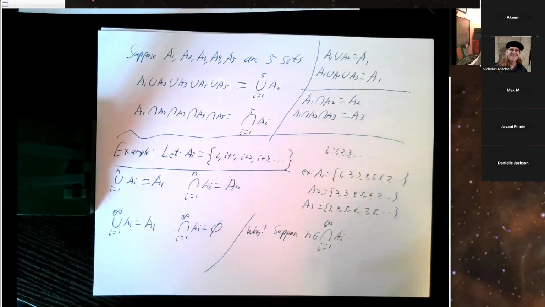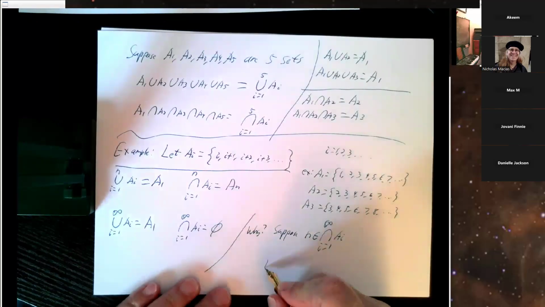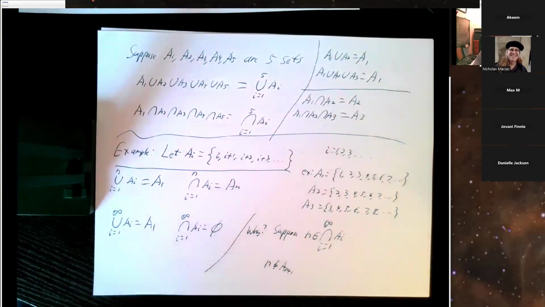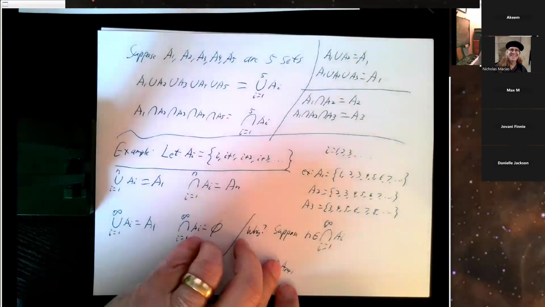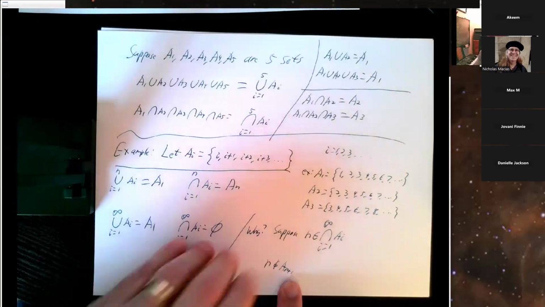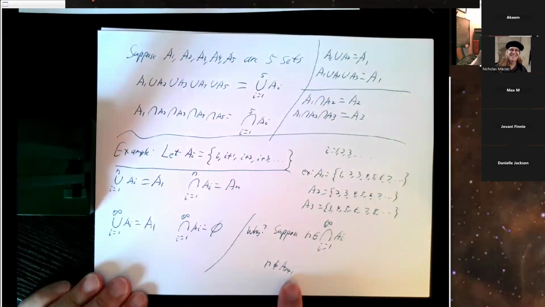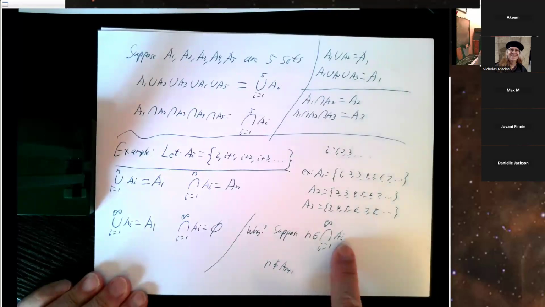Let's call that number n. Well, I know that n is not contained in the set A(n+1), because this set is all the numbers starting from n+1. And since n is not in this set, it can't be in the intersection of this set with something else. Because to be in the intersection, it's got to be in every one of these, and it's not in this set. So I can't find any number that's in this infinite intersection. The intersection has to be the empty set.